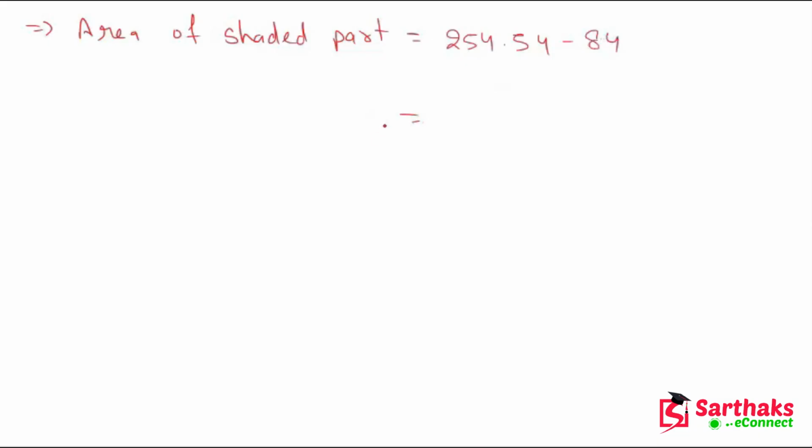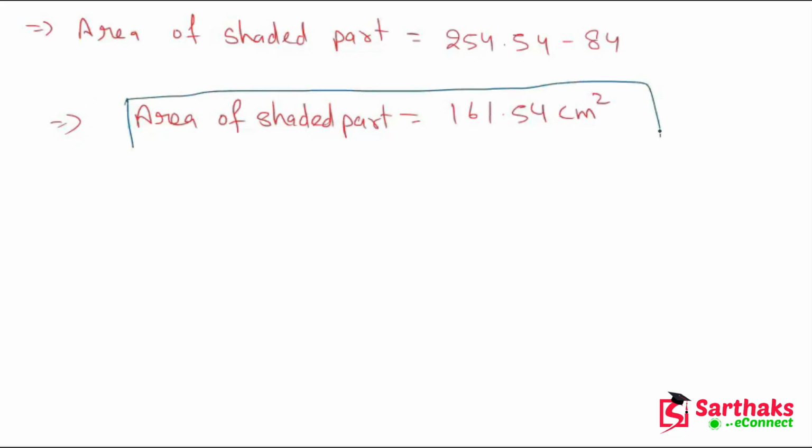So after solving this, we get 161.54 centimeter square. So this is the area of the shaded part. Okay, so I hope, my dear friends, you understand these things. So now, my dear friends, let's move on.